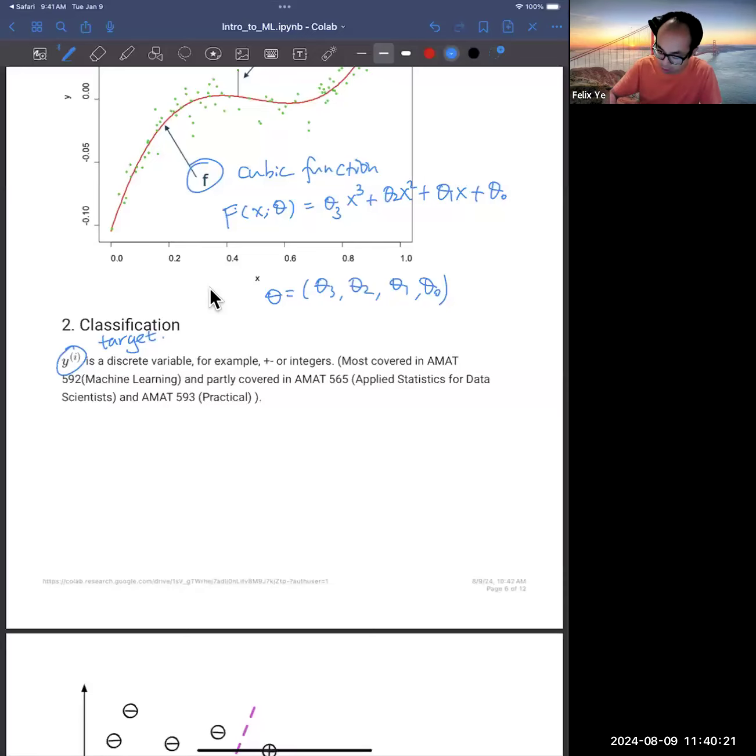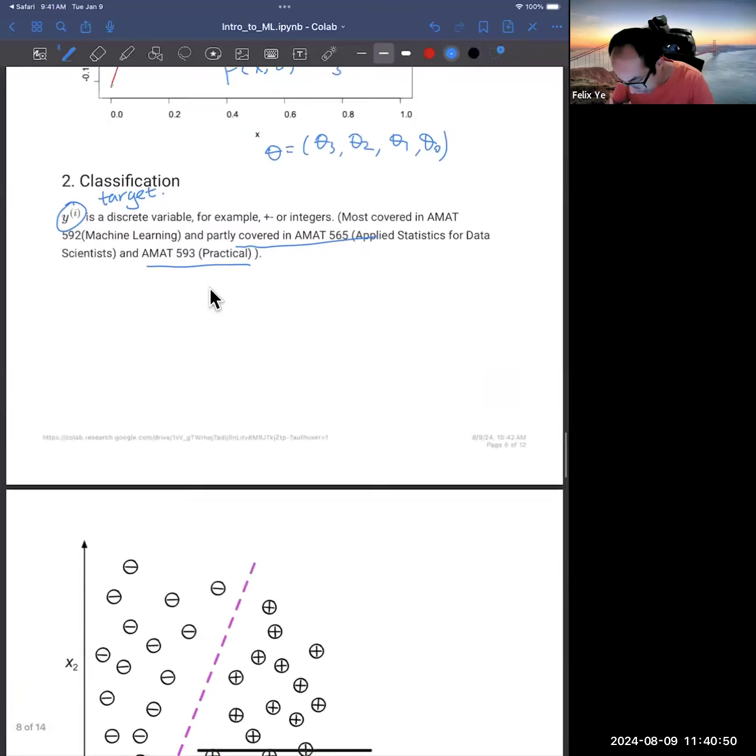But this will also be covered in applied statistics as well, and also practical machine learning. So if you took the 593, you are going to go through everything one more time, but this time you are only going to use packages, and you are going to work with a really, really large data set, right? So there are more skill sets. You have to clean the data and other things that you need to worry about.